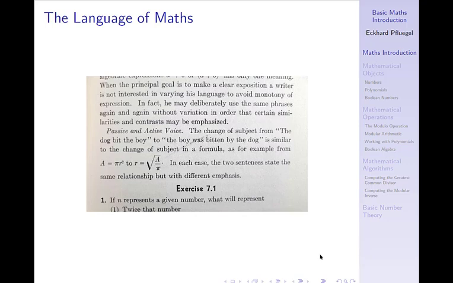And in the second equation, you could argue that A is more indirectly referred to. So it could be some kind of passive voice. And really what this means is that these two things are very much the same. They express the same relationship, but with a different emphasis. And as a mathematician, you need to get used to this, and it will give you the underlying meaning.